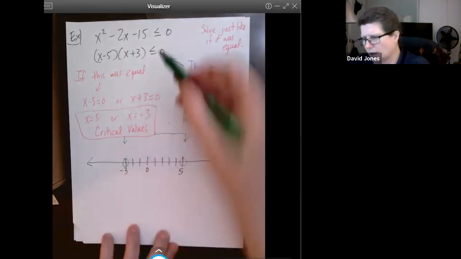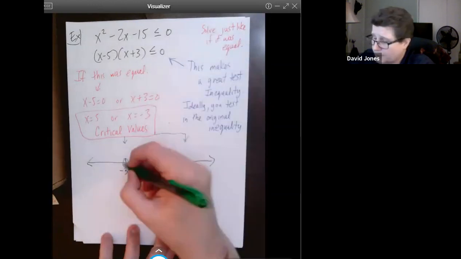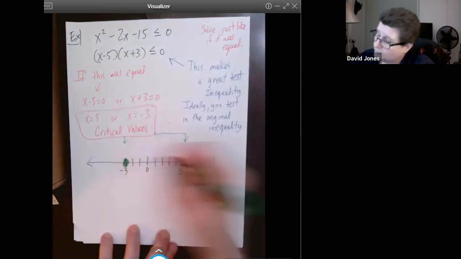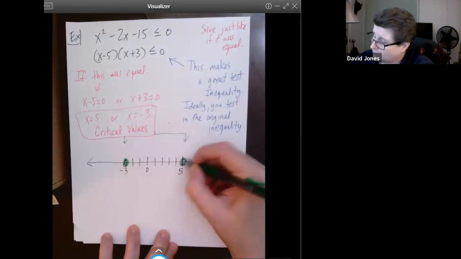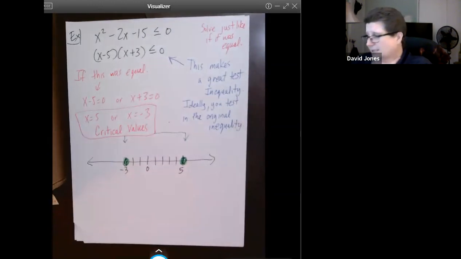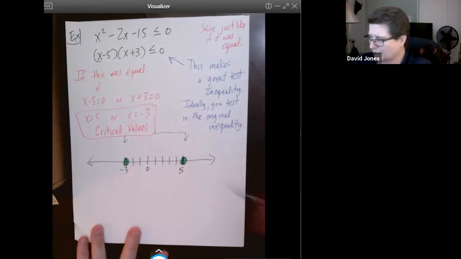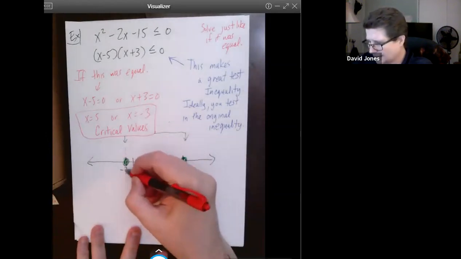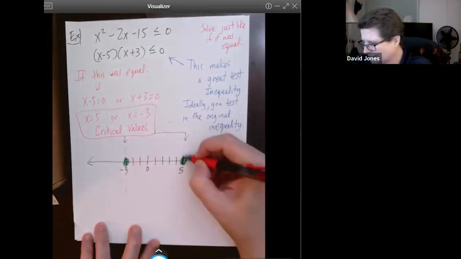And the inequality had an equal portion to it, so I'm going to shade them in. And then this is not to scale, but I want to test values from each region. So it might help to put like a little dotted line up showing different regions.